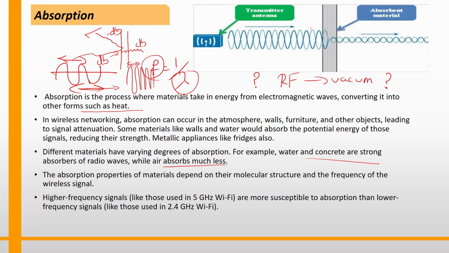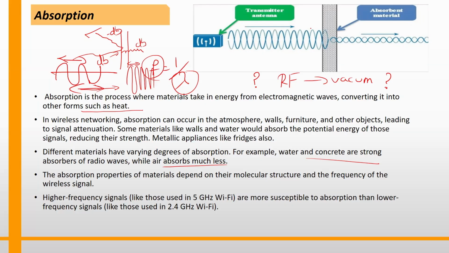So what is the microwave going to do? It is going to excite the water particles present inside that food, making them vibrate, and it will heat up the food basically.